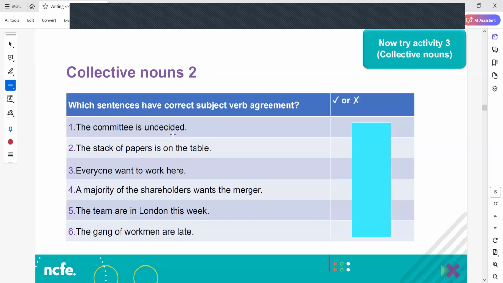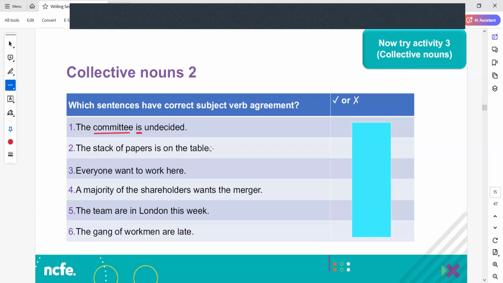So which sentences have correct subject-verb agreement? The committee is undecided. So committee is our subject, and is is our verb. Is that correct?